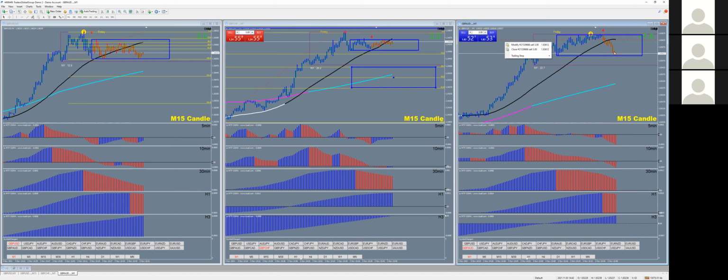I want to see a break, a strong break. If not, I'm gonna get out. So it may reverse. You got 6, 7 more minutes to the hour, so you may get a pullback if it doesn't break it strong.